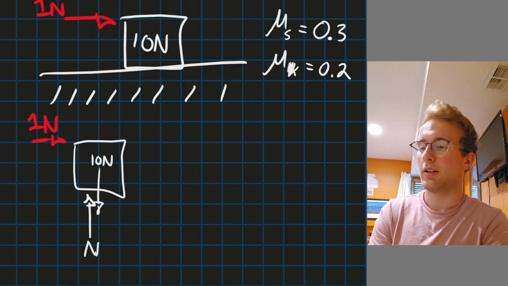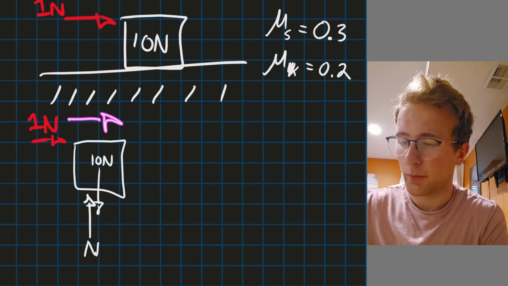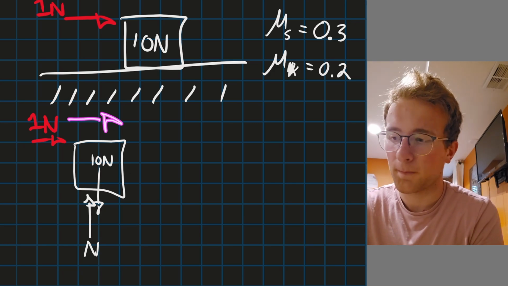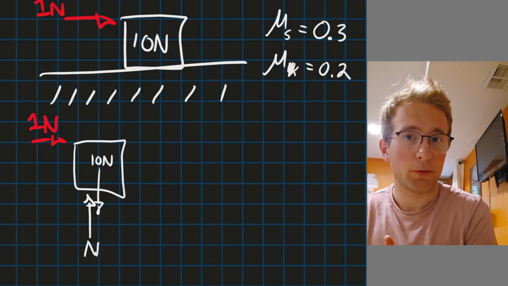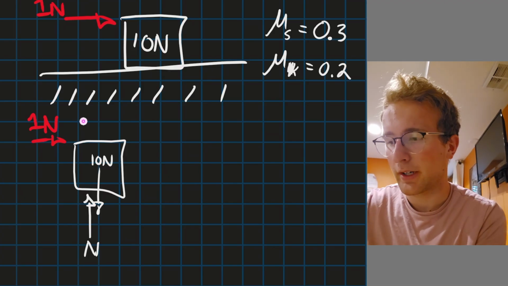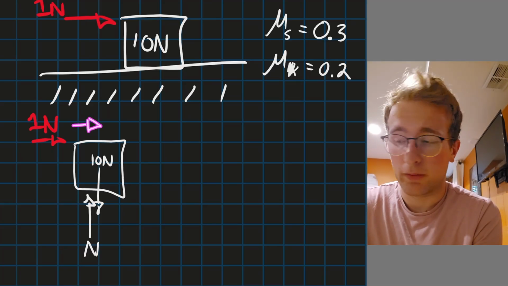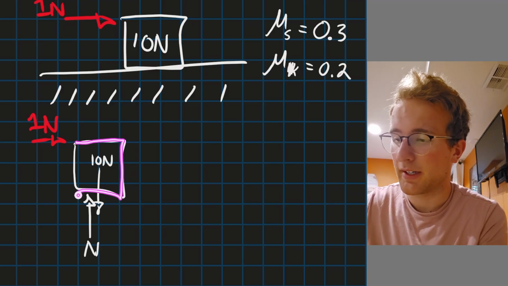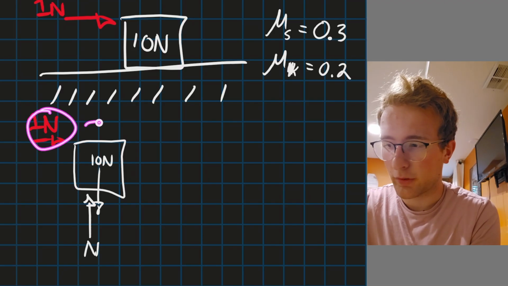Okay. The sum of the forces is rightwards with 1 newton. Notice I didn't include friction yet, right? The first step of a friction problem is to assume that there is no friction. Draw the free body diagram and find the direction the object wants to move. So this object is not moving right now, but there's a net force to the right.